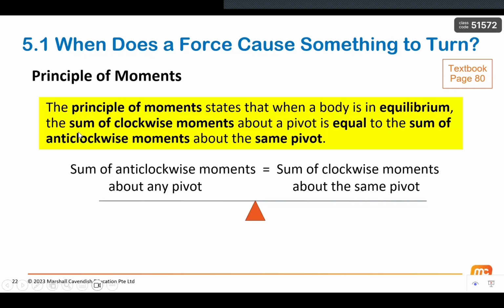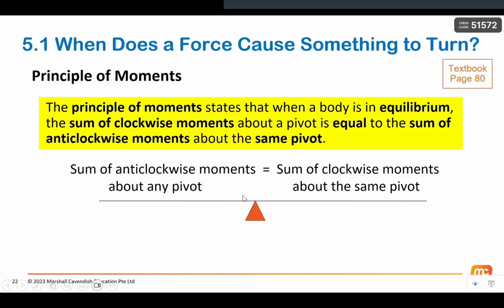So when will I have no rotation is when all the clockwise moments, okay, there may be more than one clockwise moment because there may be more than one force acting on the object. So all the clockwise moments about this pivot over here, orange pivot, must be equal to all the anti-clockwise moments about the same pivot. Okay, so when clockwise and anti-clockwise are balanced out, this object will not rotate at all.